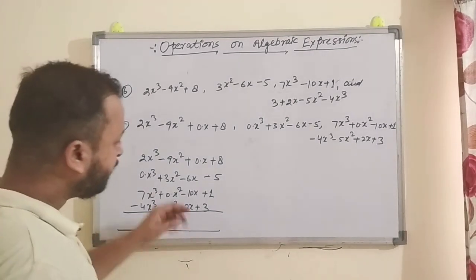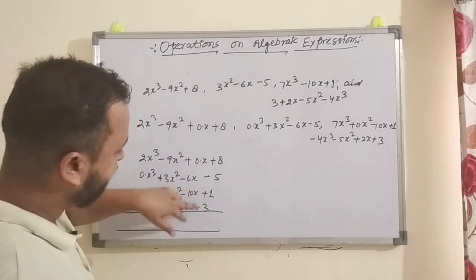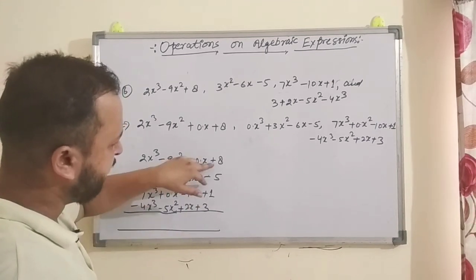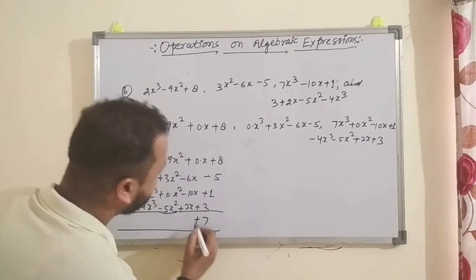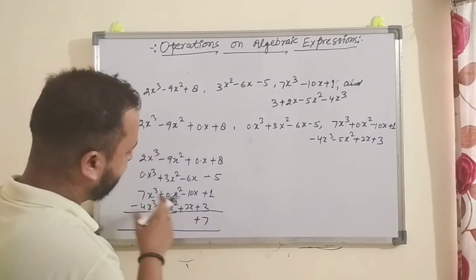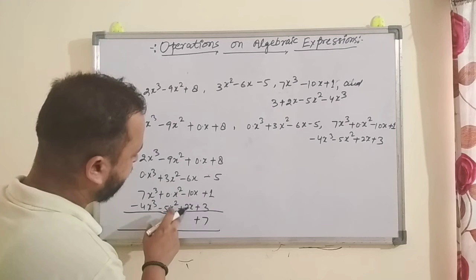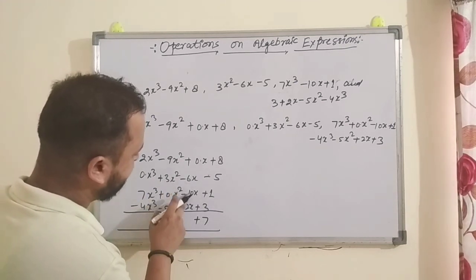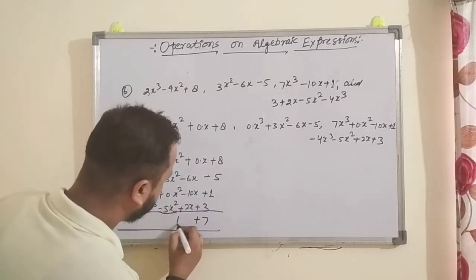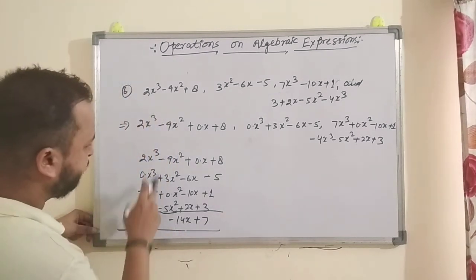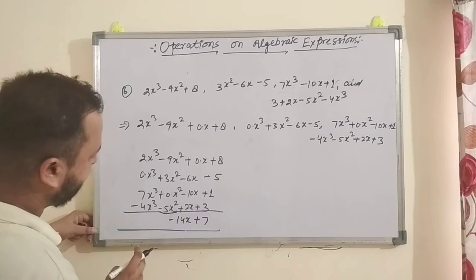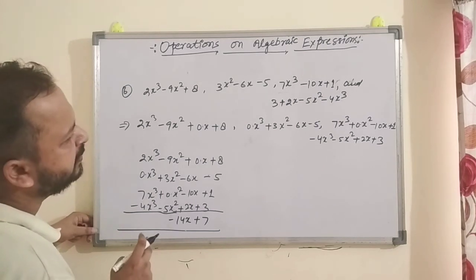right? So 8 here, 3 plus 1 is 4, 4 plus 8 is 12, 12 minus 5 is 7 with positive sign. Here only 2 is with positive sign, so 16, 16 and 2, that is 14x with negative sign. And here 5 plus 9, 14, 14 and 3 with positive sign.